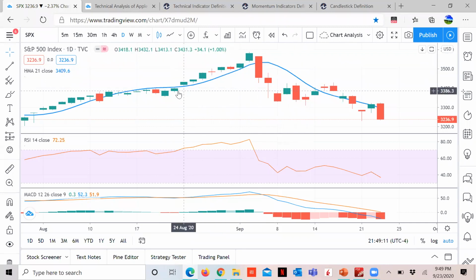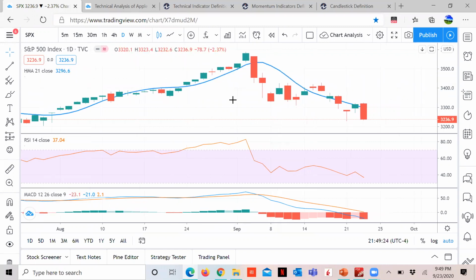In this duration itself, I sold most of my stocks, except a couple of stocks, because of the way the trend was coming along. You can see this RSI here.